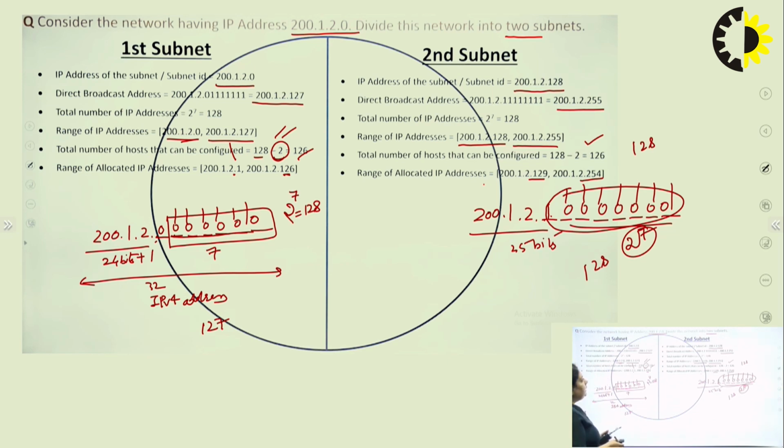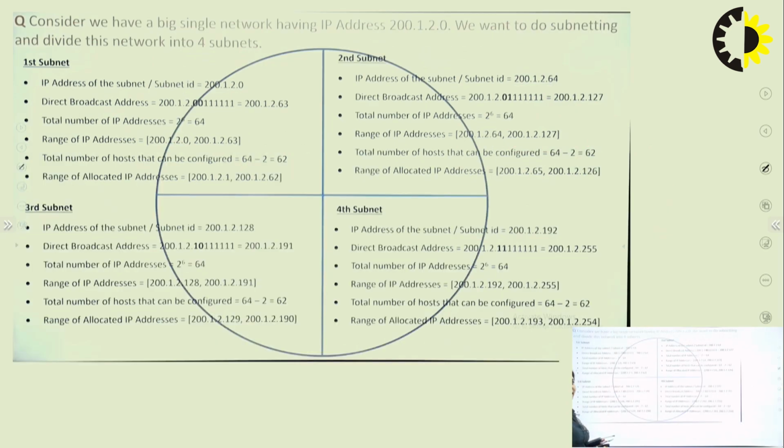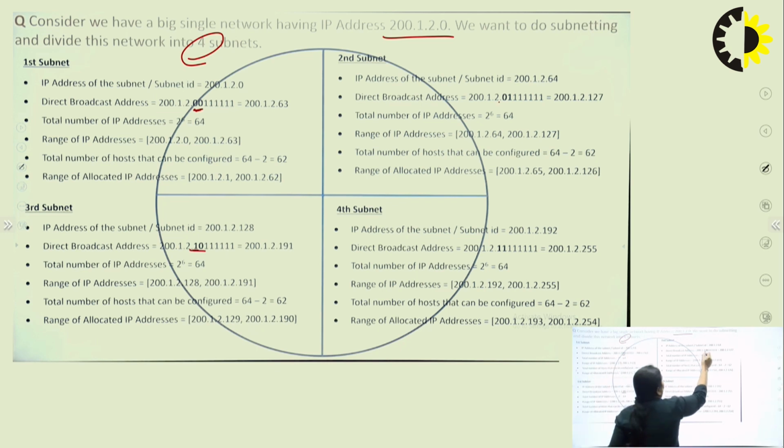Now see the second one. Consider an IP address. We have the same IP address here. Now it says to divide it into 4 subnets. What do you have to do? For 4 subnets, you have to fix 2 bits: 00, 01, 10 and 11. So 2 to the power 2 is equal to 4.